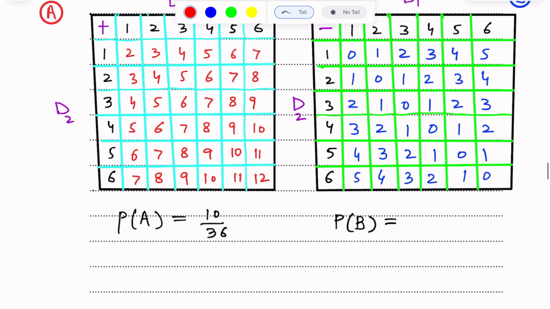So successful outcomes are 24, total outcomes 36. So probability of event B is 24 over 36.